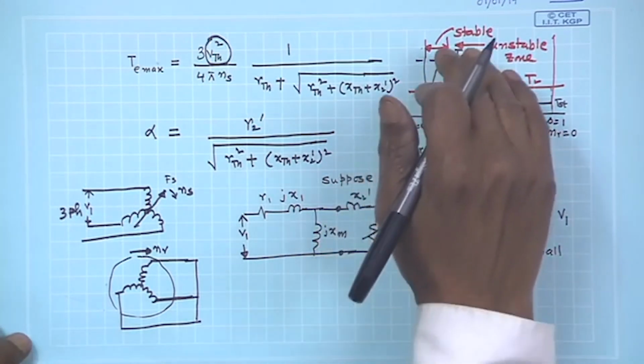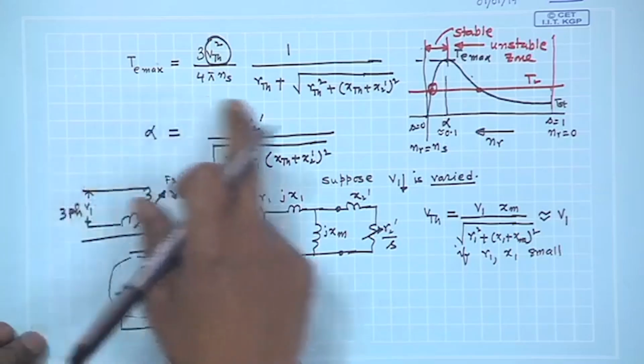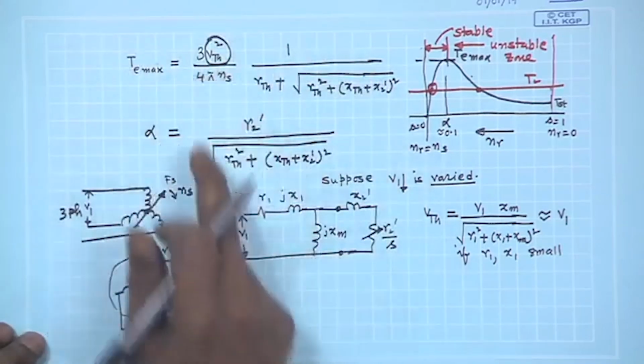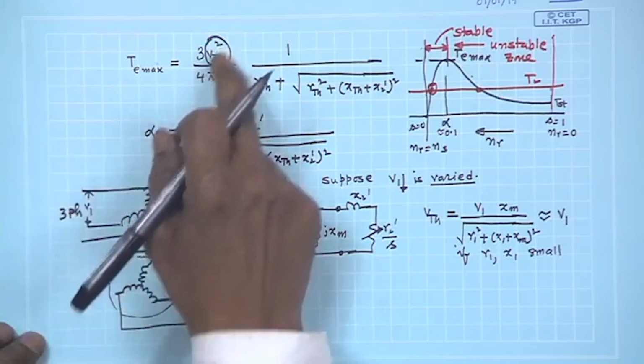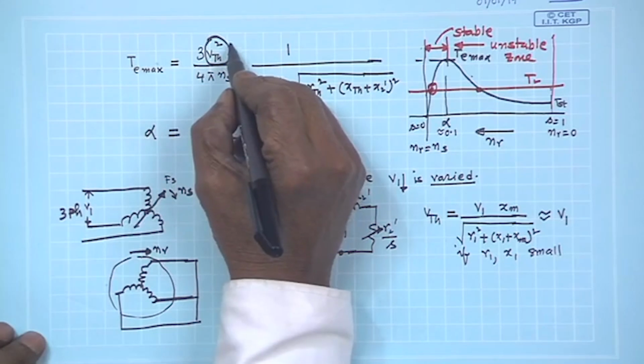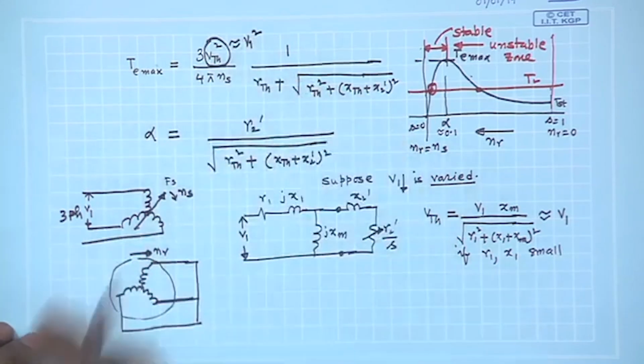So, if you reduce the voltage in this expression of T max, the T max will also get reduced, because V Thevenin squared is approximately V1 squared. As a first approximation, we can assume that.